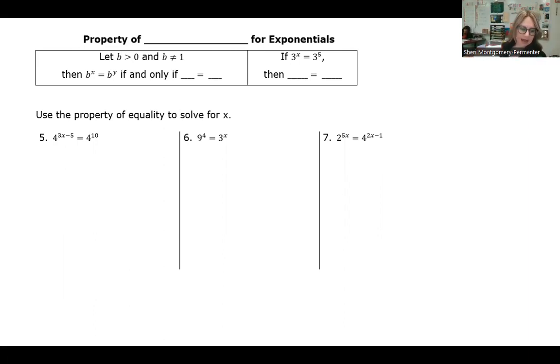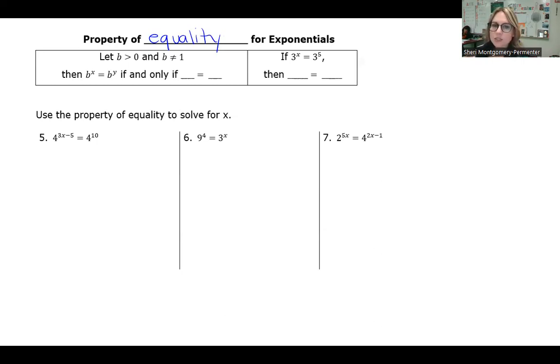All right, on to the back. On the back, we're going to learn about the property of equality. What word is inside equality?